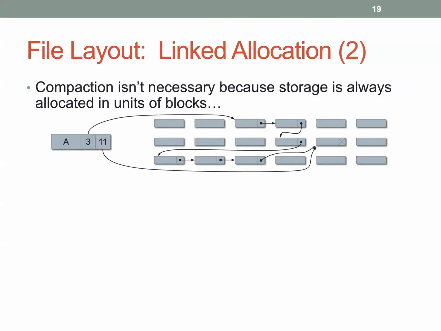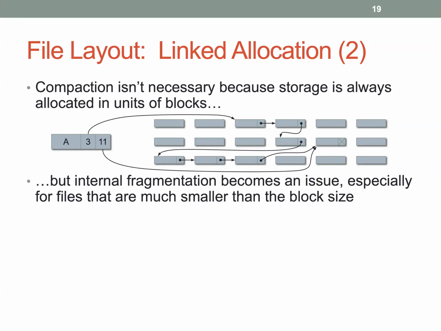Compaction is not necessary, so we no longer have external fragmentation because we're always handing out allocations of space in the same unit size. When you have allocations that are always the same unit size, external fragmentation goes away as a problem.